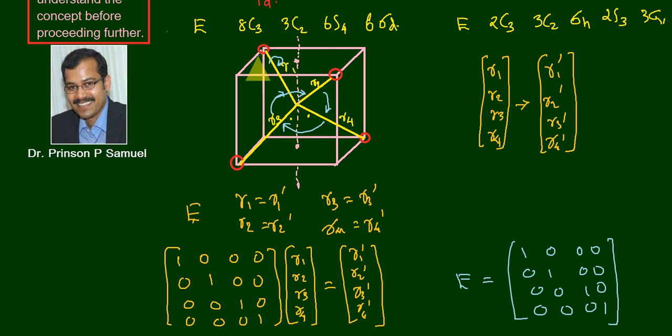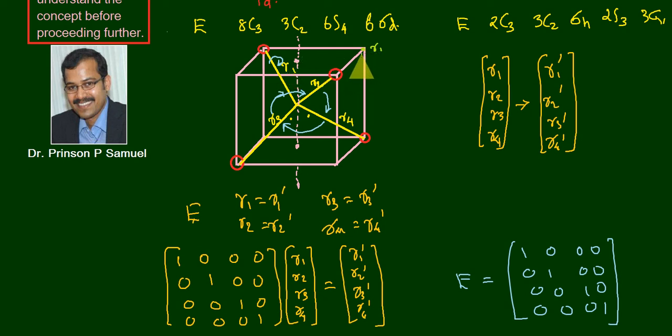Okay, but S4 is a 90-degree rotation. Therefore, what will happen during the 90-degree rotation? We are rotating this one, and during the 90-degree rotation, see, R1 will come here. R1 will rotate 90 degrees. Therefore, this corner of the cube will come here. So this will be the new position of R1 after 90-degree rotation.